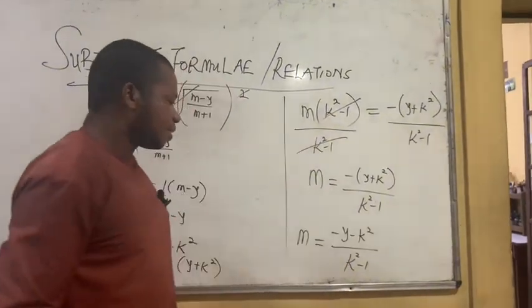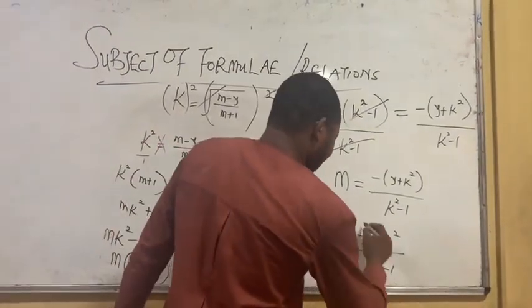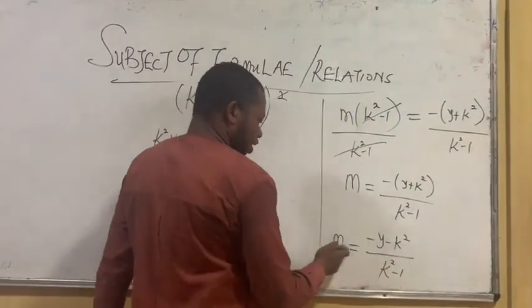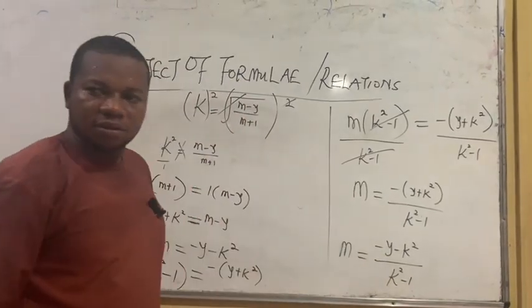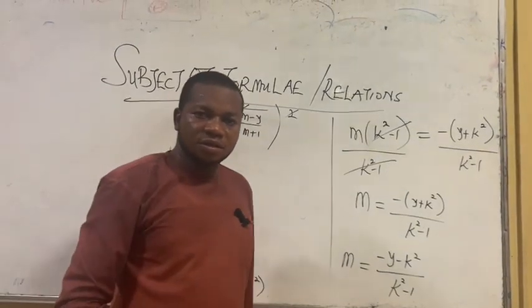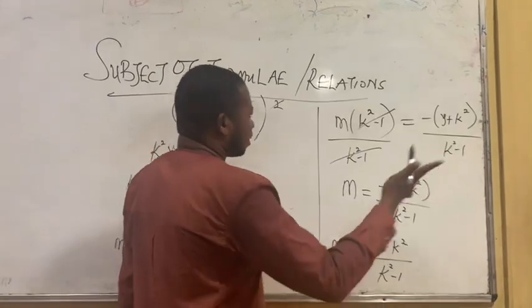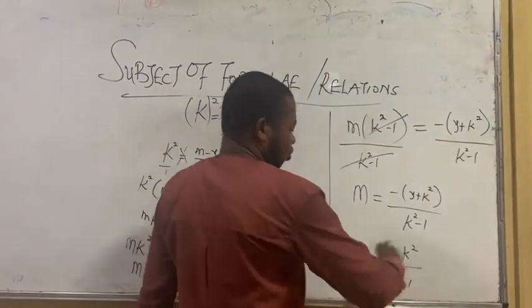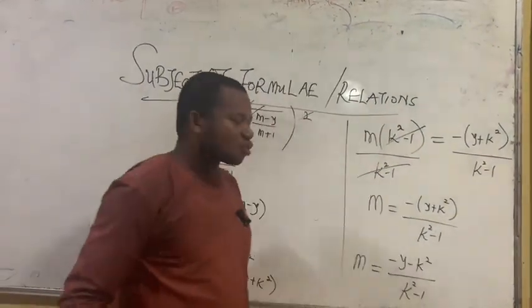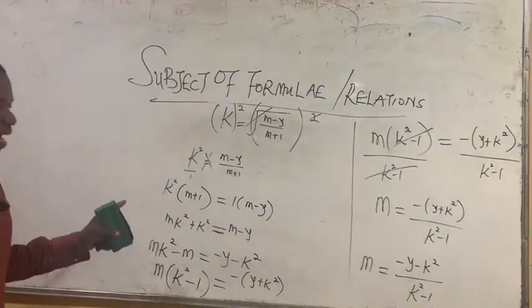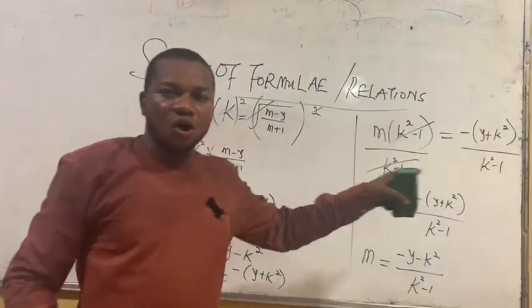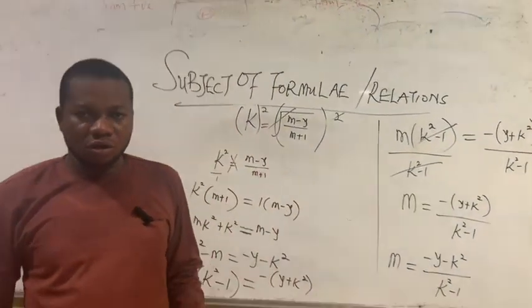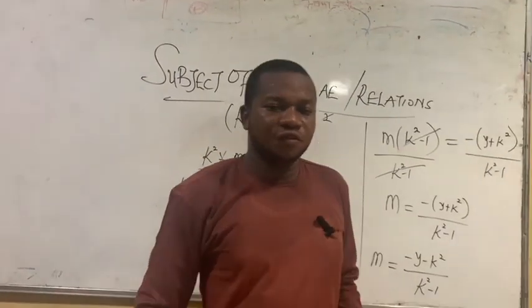So meaning that this formula now is subject to m. That is what it means. Or in another way, m is subject to this formula. So that's why we say make m the subject of the relation or the subject of the formula.